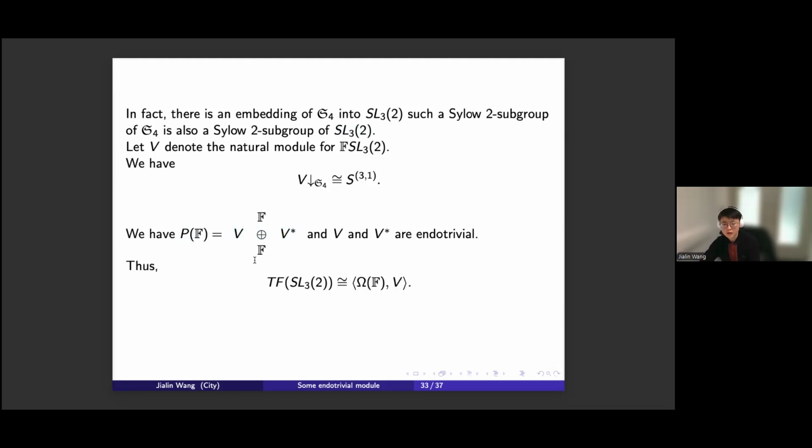So the torsion-free part of T(SL(3,2)) will be generated by the syzygy of F and V. And we know all this information for the case of S4. So we can ask the same: can we say more about the symmetric power of V, the natural module?